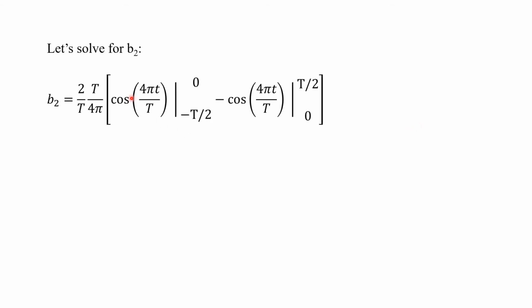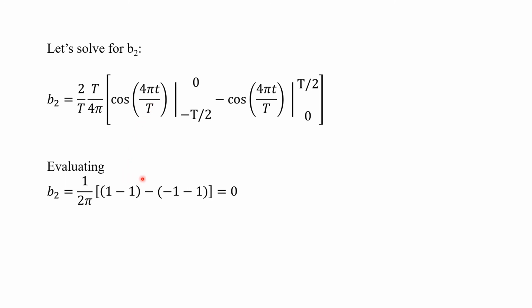So evaluating the integrals, you get 2 over T times T over 4 pi times cosine 4 pi t over T evaluated from negative T over 2 to 0, minus cosine 4 pi t over T evaluated from 0 to T over 2. Evaluating, you have 1 over 2 pi times cosine 0, that's 1, minus cosine 4 pi t using negative T over 2, which is 1.